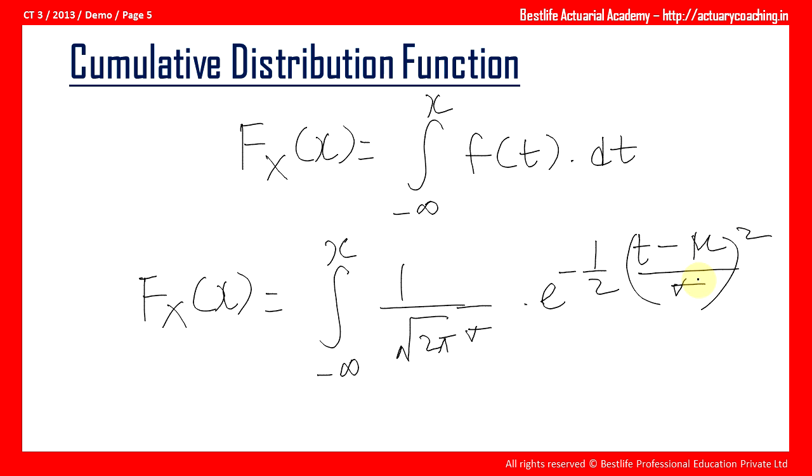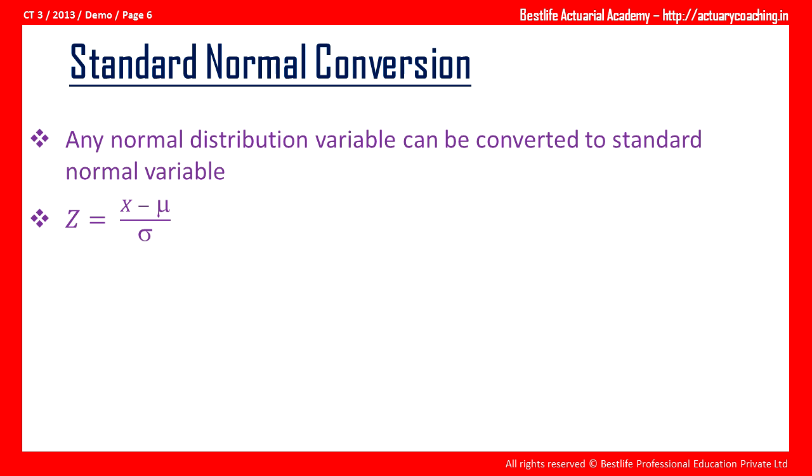So rather than calculating the cumulative distribution for normal, we first convert this into a standard normal distribution and then we find the probabilities. Here is the standard normal conversion. The variable Z is the standard normal variable, and we can find it by writing x minus mu divided by sigma. So if we know parameters mu and sigma, the variable Z can be calculated.